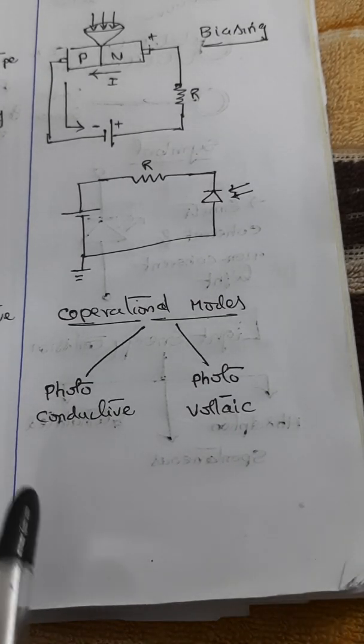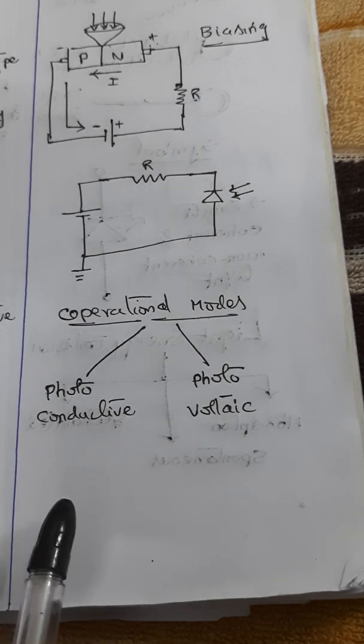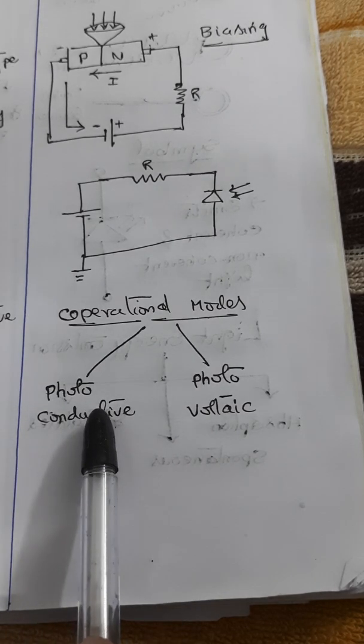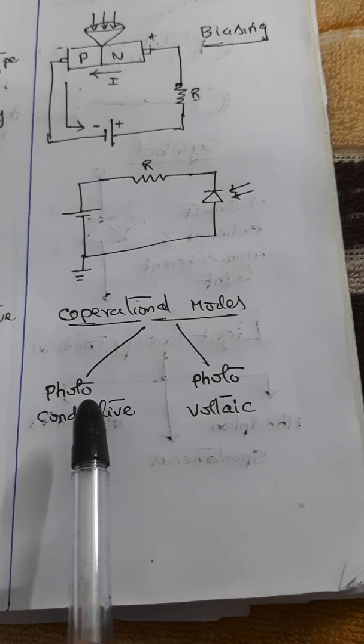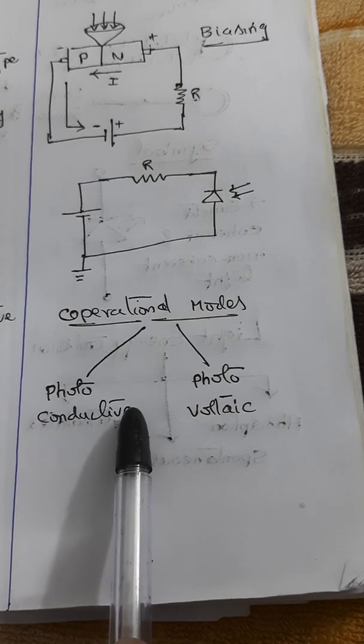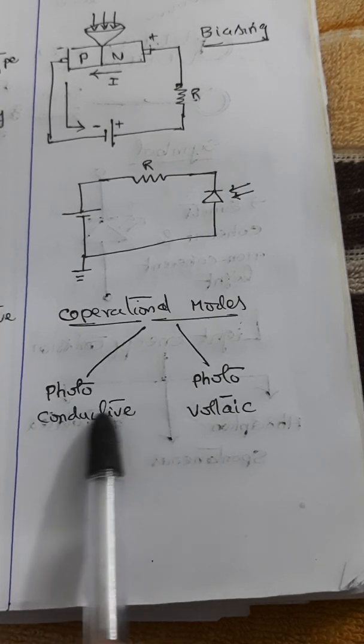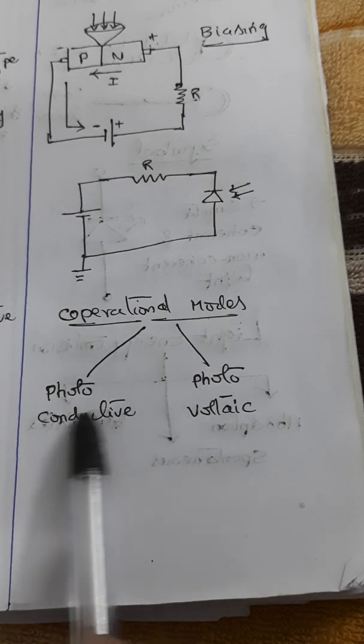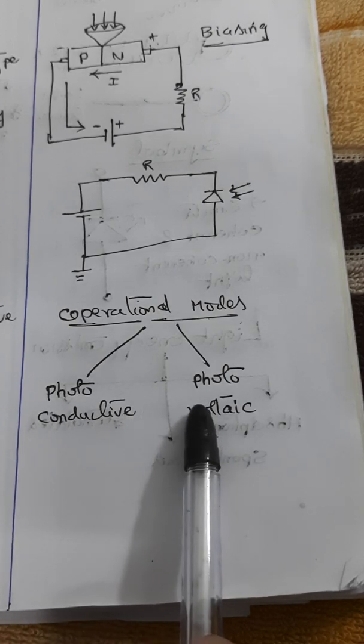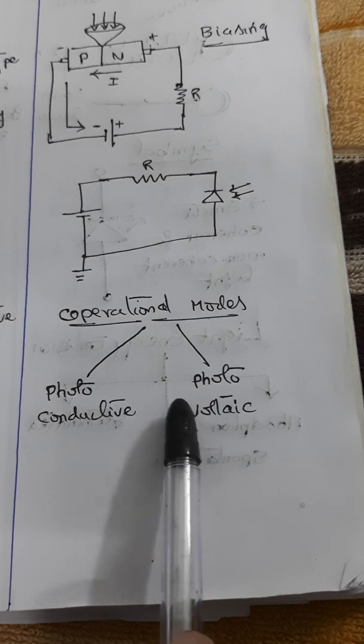So in that way, the electrons can now flow out from N type and holes can flow out from P type. Thus, in this condition, they behave as a voltage cell having N type as the negative terminal and P type as the positive terminal.